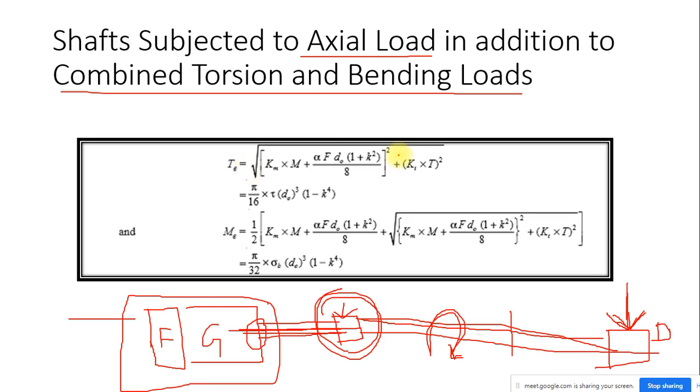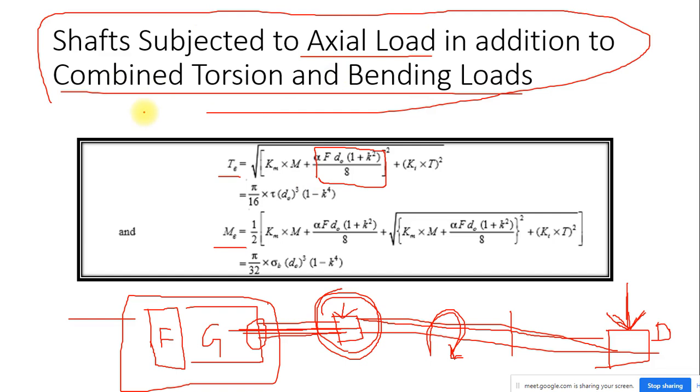And above are the two formulas we have seen previously. The only thing is that this content alone has been added, and one basic thing I have to tell you: this particular case is most preferably applied only to hollow shafts. This is an important note.